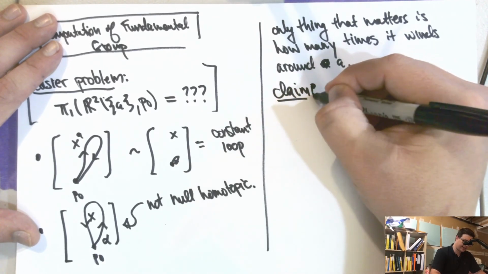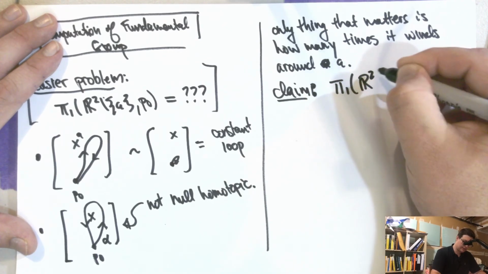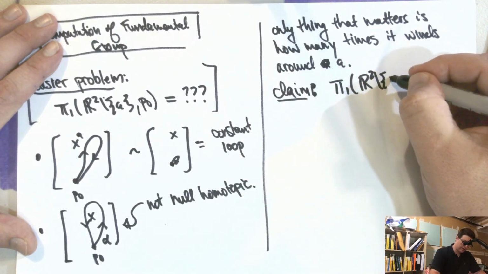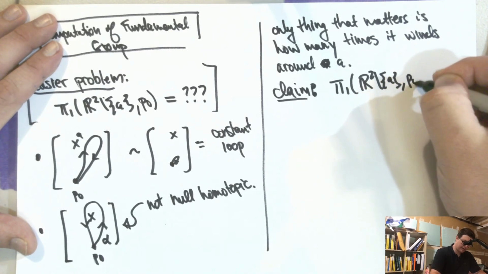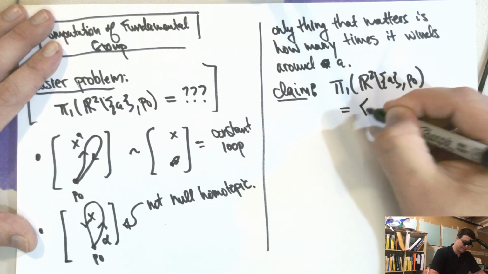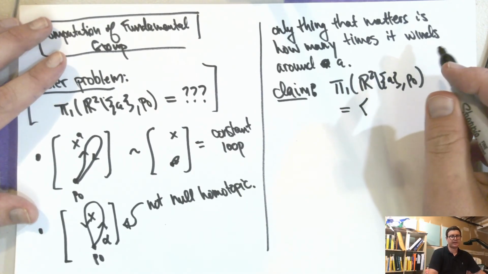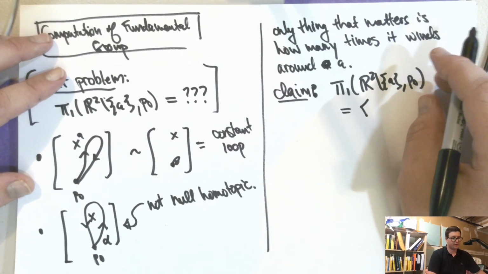The claim here is that the fundamental group at P naught is equal to the free group generated by alpha. We need to give this a name or something.